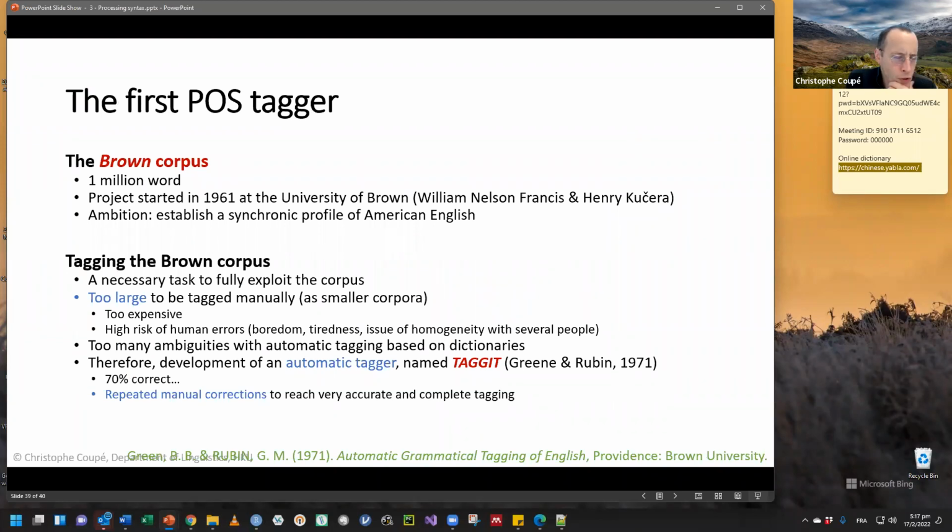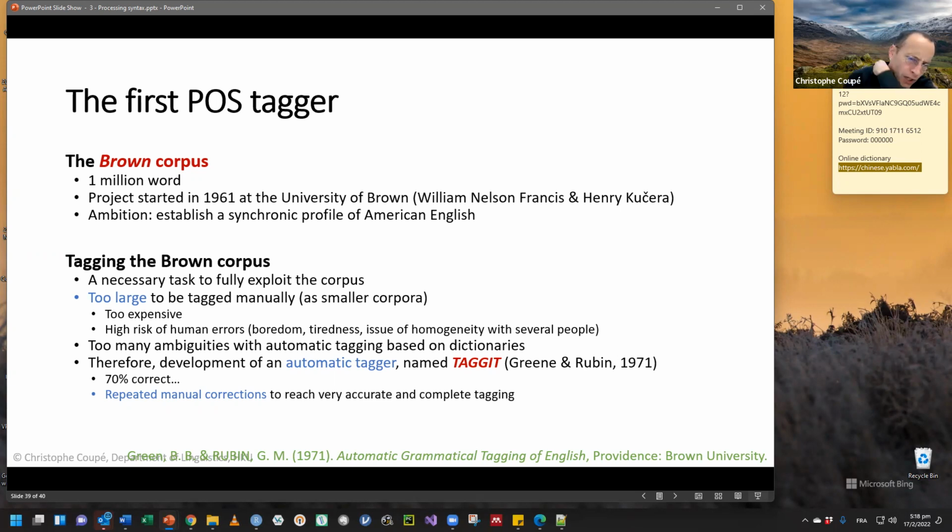The first POS tagger that was built is actually quite old already. And that relates to something that is quite famous, which we call the Brown corpus. It's 1 million words. It looks like a lot. It's actually not that much, but in 1961, that was pretty big. That was at Brown University, with some people behind it, William Nelson Francis and Henry Kucera.